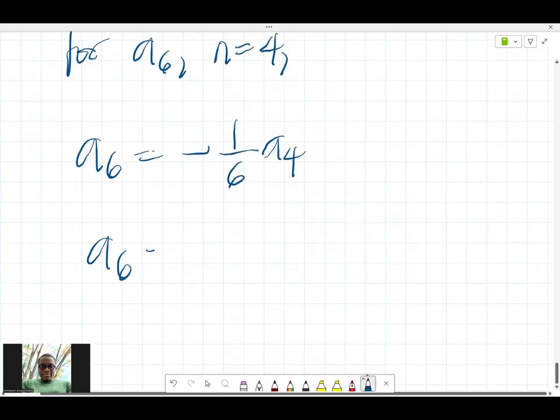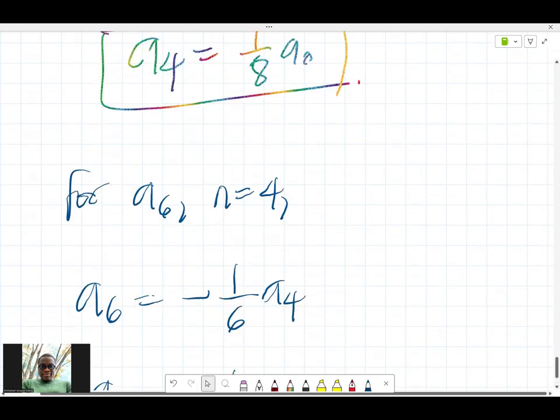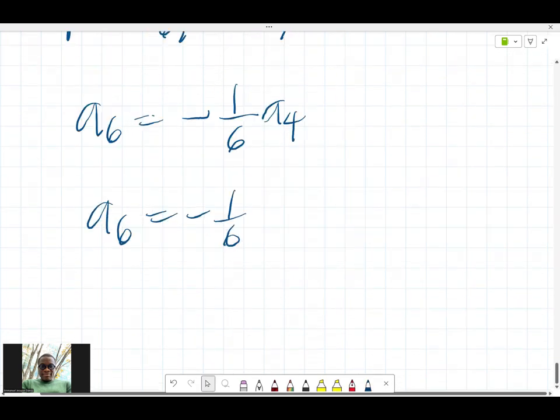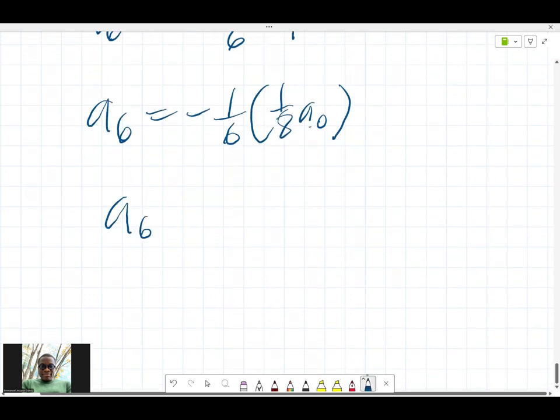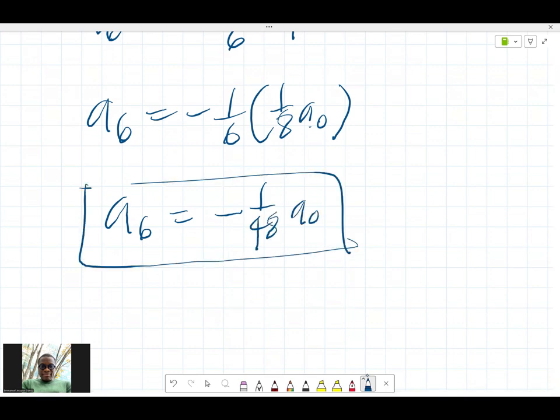So this is a6 equals minus 1 over 6. A4 is 1 over 8 a naught. Okay, so a6 is equal to minus 1 over 48 a naught. Okay, so we have that in place. All right, that's for the even parts of things now.